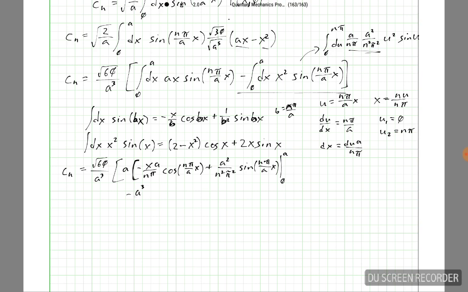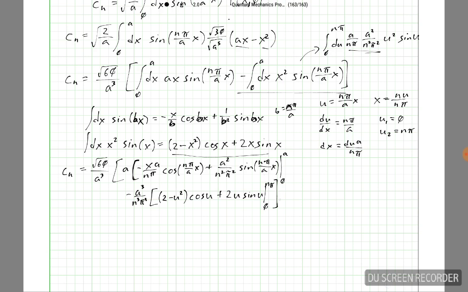So I have a cubed, n cubed, pi cubed, multiplied by, now we're going to look at my solution. I have 2 minus u squared times cosine of u plus 2u sine u, and that's from 0 to n pi.